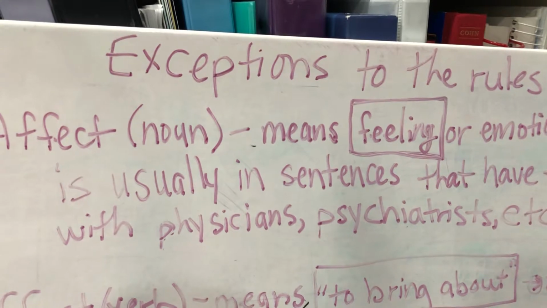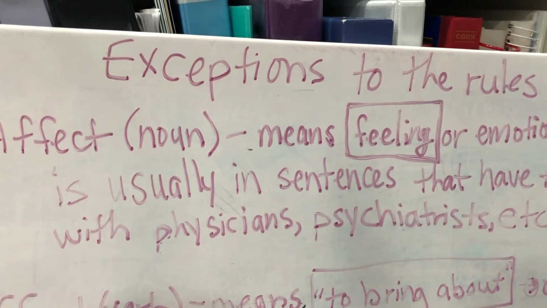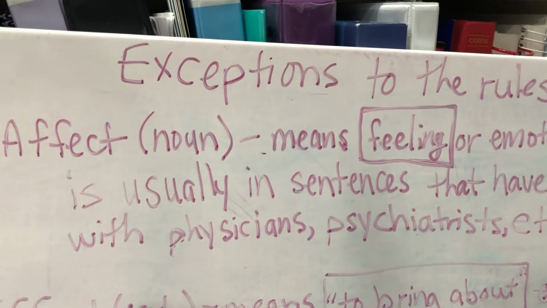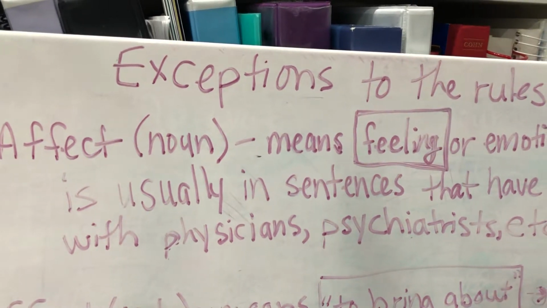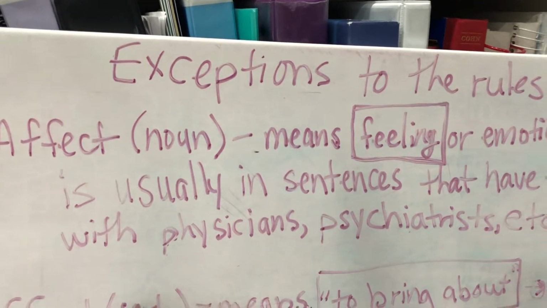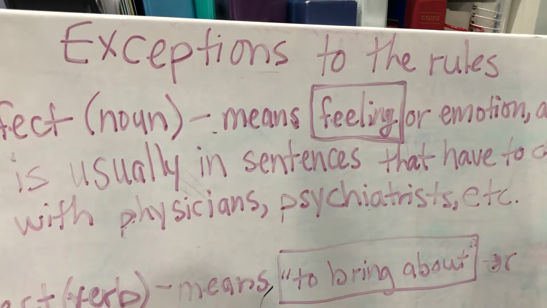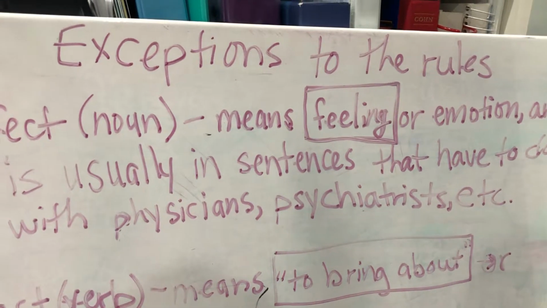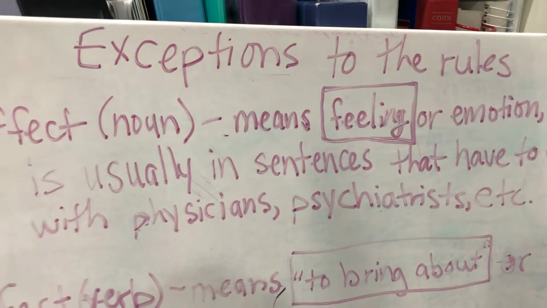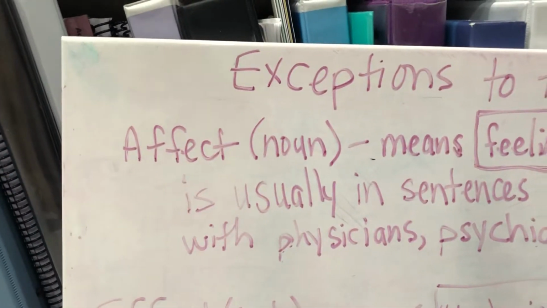He has appropriate feelings, because if you read the very first one, it talks about how he laughs when he shouldn't. So here we put feeling in there. If it has something to do with feelings or emotions, it's going to be affect.